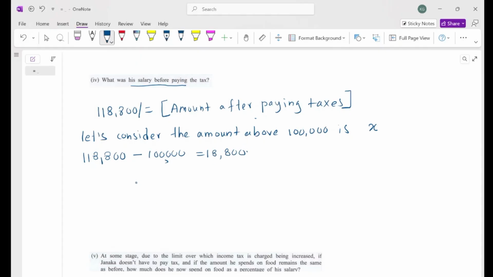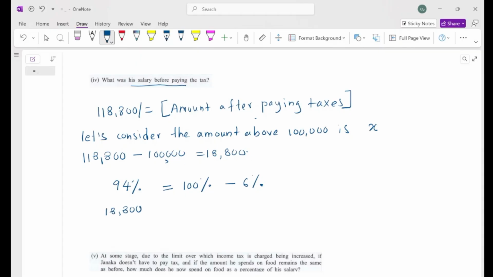Okay, so there's a certain amount, from this 100%, 6% is deducted. Let's consider the way the tax is calculated. From 100%, 6% is deducted, and we have only 94% remaining. So this 94% is found as 18,800.